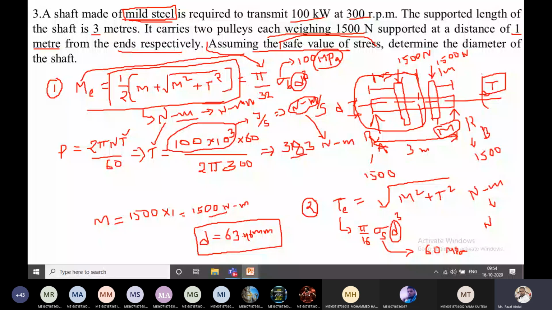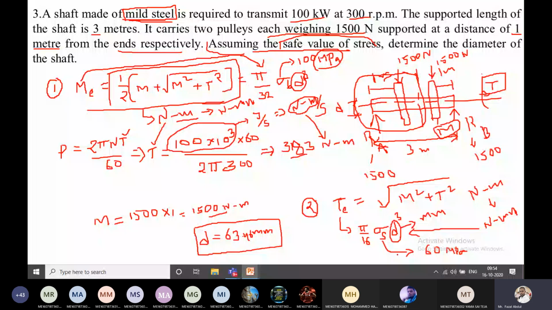Then you will get the d value in mm. You calculate it and tell me next class. Any doubts regarding this problem? Otherwise I will go to the next problem. Shall I go to the next problem? Nobody is responding. Yes, sir.